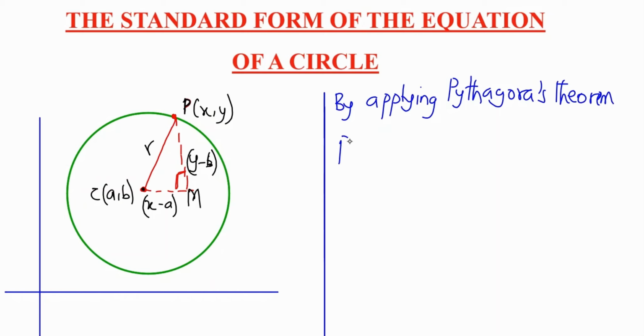So you have here PC squared is equal to, now the side CM, so you have CM squared plus the side PM, PM squared.